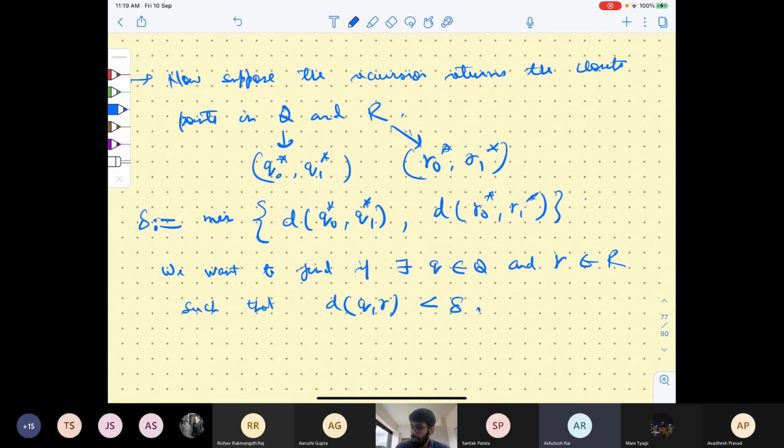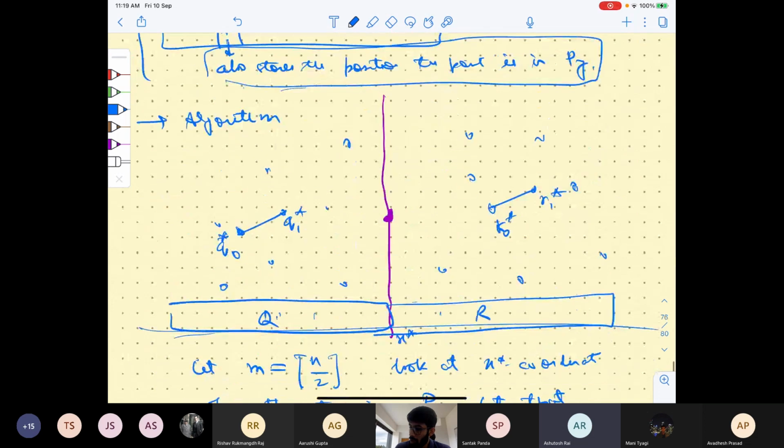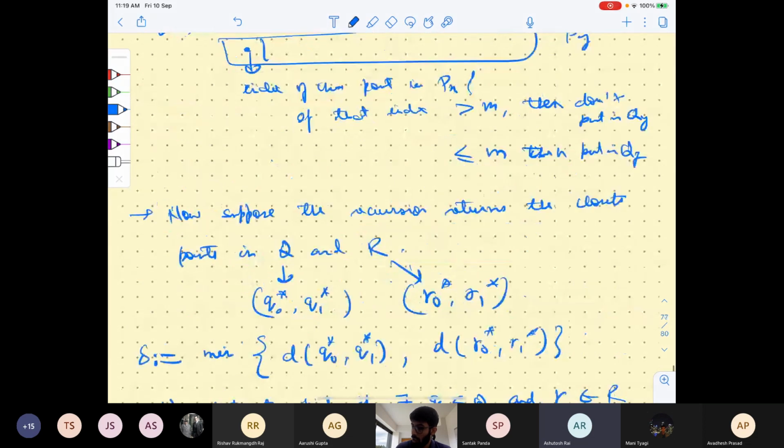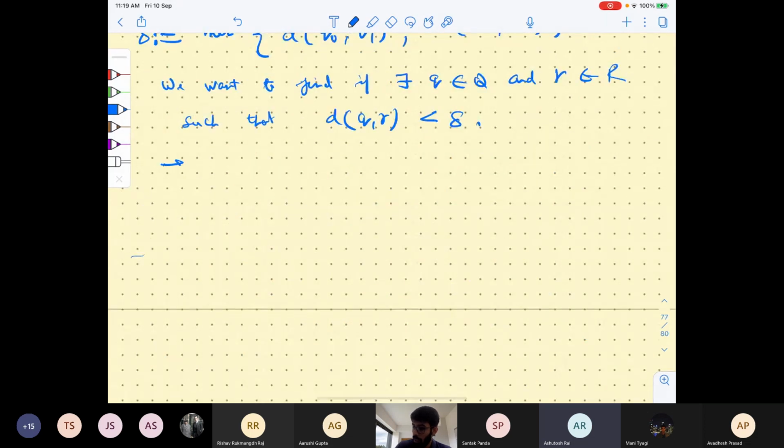And this again doesn't seem like a very trivial thing to do, because there are n over 2 points here, and n over 2 points here, and in total it will take n square by 4 time, whatever, order n square time, to figure out the distance between every pair.